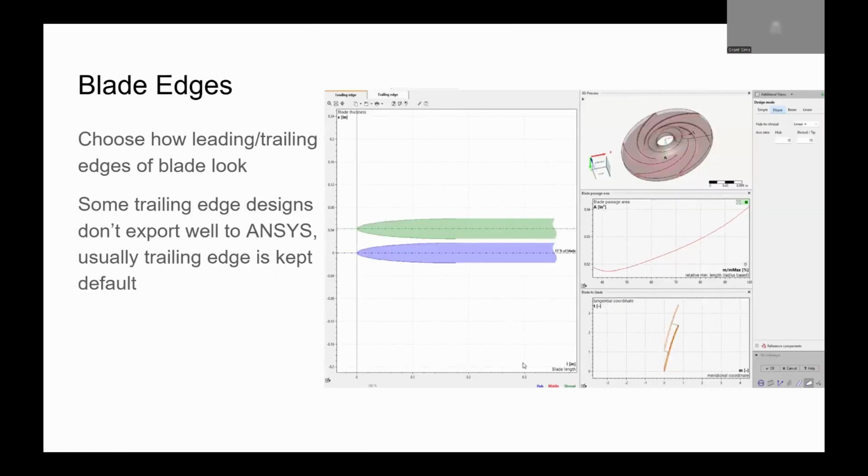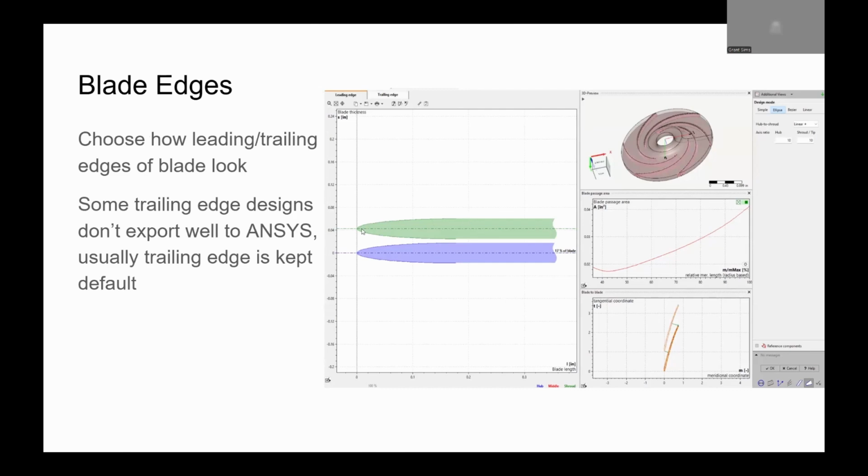And then blade edges. If you look at the blade, what's the edge of the blade going to look like? Some designs are tricky in ANSYS because if they poke out a little bit from the impeller diameter, then ANSYS crashes.